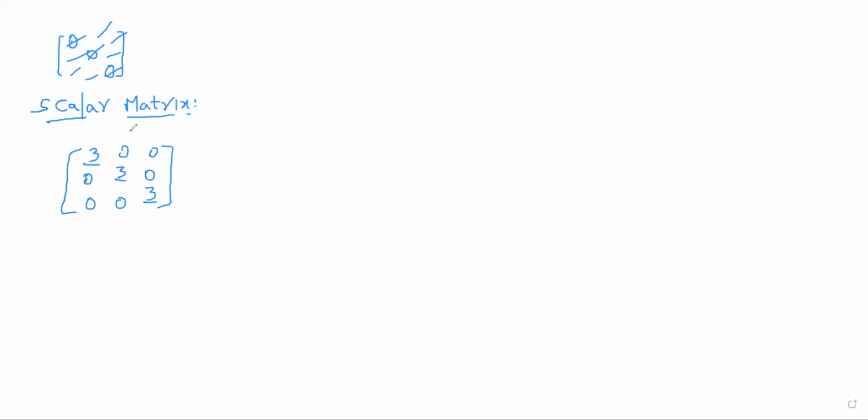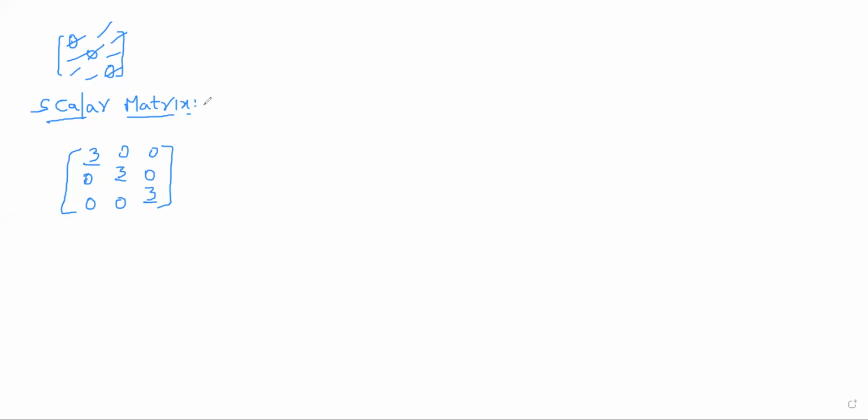So a scalar matrix is also a diagonal matrix, but at the diagonal positions all elements are the same, whereas in a diagonal matrix all elements need not be the same. Sometimes it may be the same and sometimes not. If all the elements are the same, that diagonal matrix becomes a scalar matrix also. If the diagonal elements are not equal, then that diagonal matrix is not a scalar matrix.